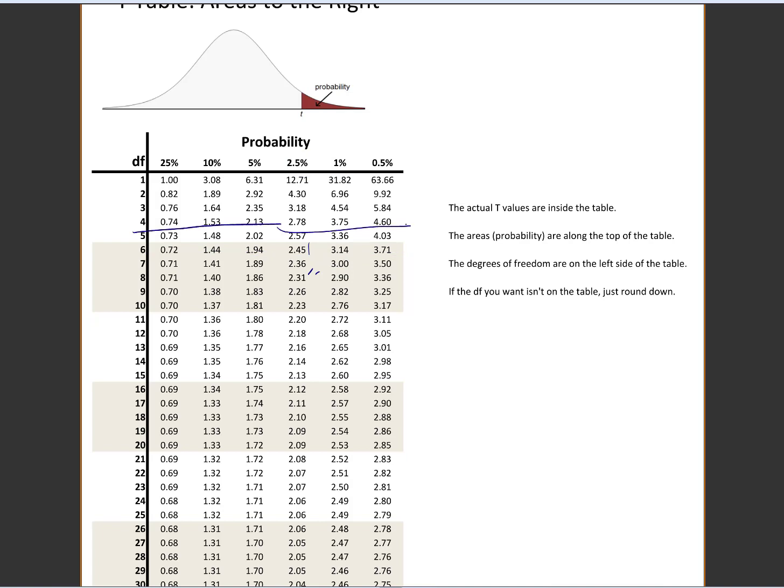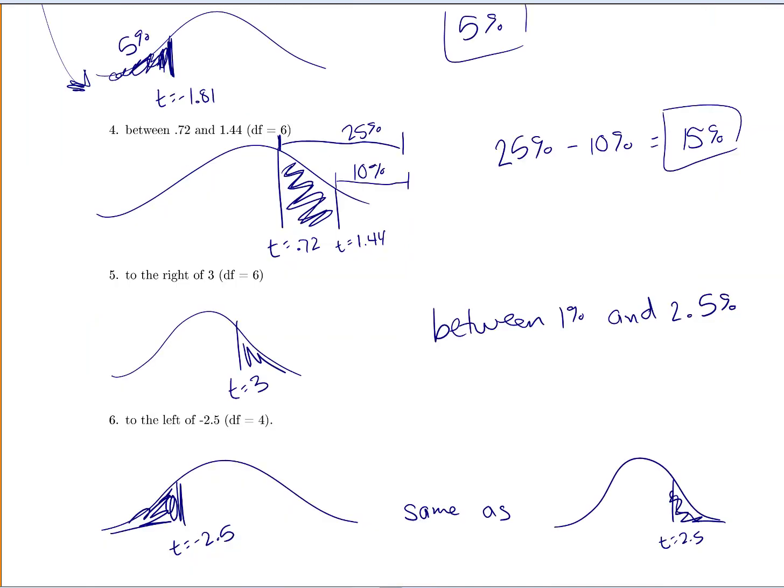It looks like this is 2.13, this is 2.78. So 2.5 being in the middle, my chance or probability is somewhere between 2.5% and 5%. So between 2.5% and 5%. That would be my final answer.